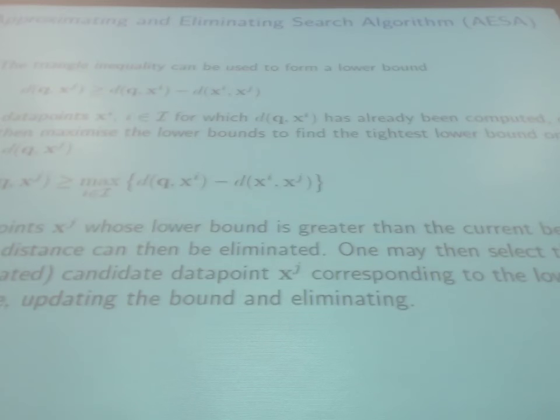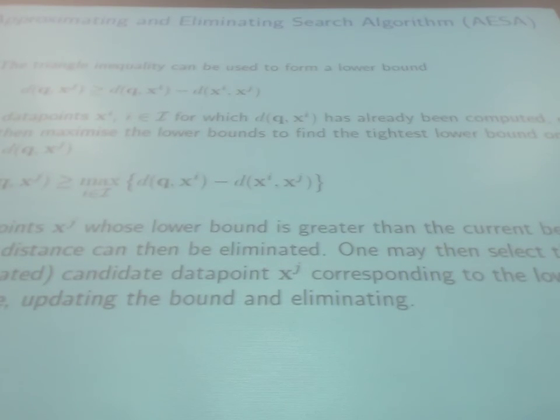If I've got candidates with distances 1, 2, and 3, I want to say the distance is bigger than 3. That's better than saying the distance is bigger than 1, right? I want to bound as far away as possible how far xj can be from q. So I want to find the best bound amongst the set of possible bounds. So I can maximize this bound over the collection of distances that I've already calculated.